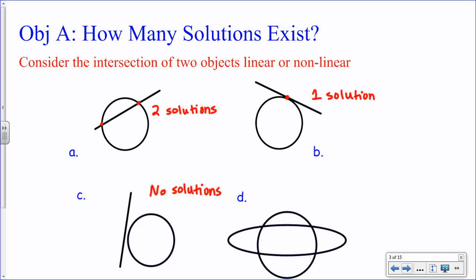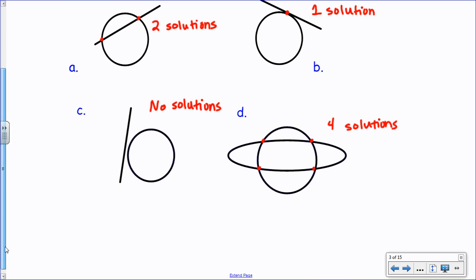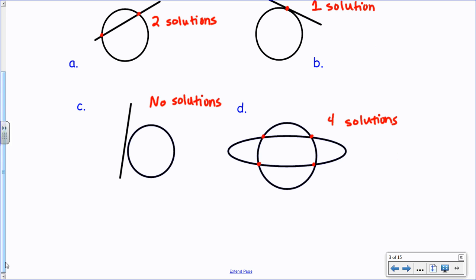You could have other types of systems, and this is just the way it looks. It's actually a circle and another circle. So that's possible to have four solutions. We could have parabolas.